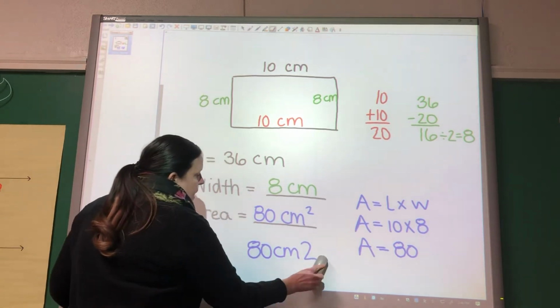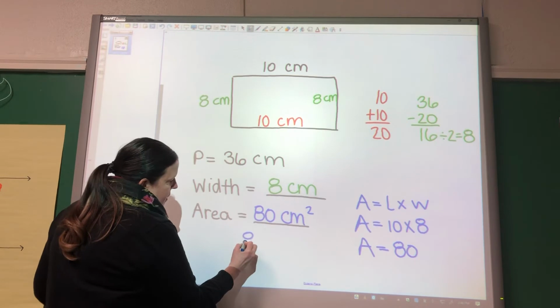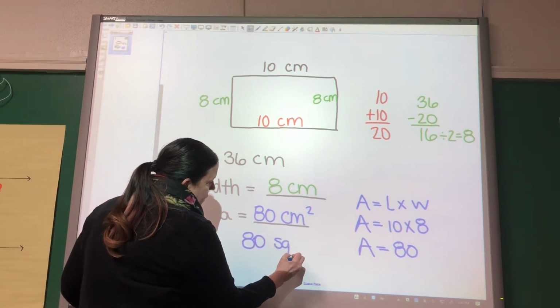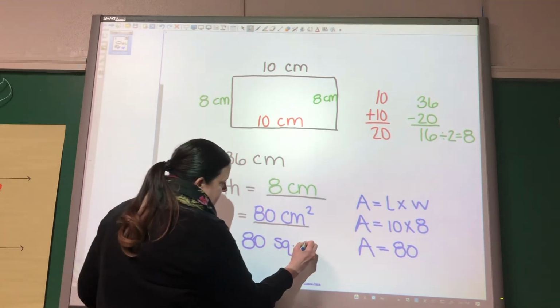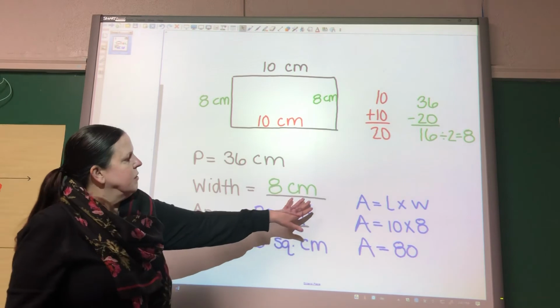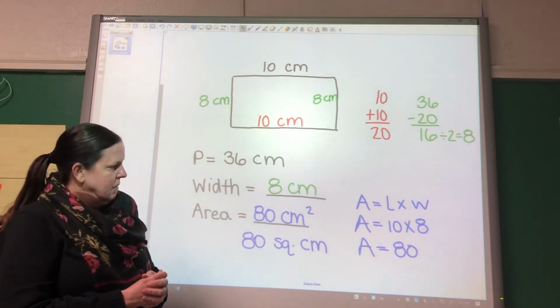So what you may have to do then is type in your 80 with a space, then SQ period, space, cm. Because 80 centimeters squared and 80 square centimeters mean the same thing.